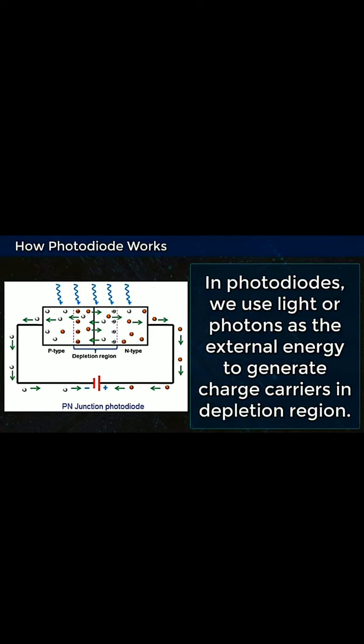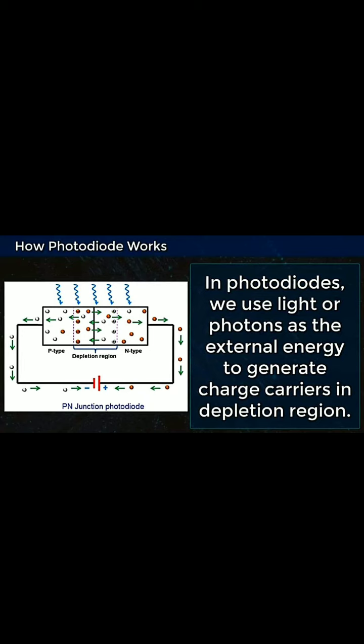When this light energy strikes there, from those immobile ions, one electron will detach from the atom, from the immobile ions.